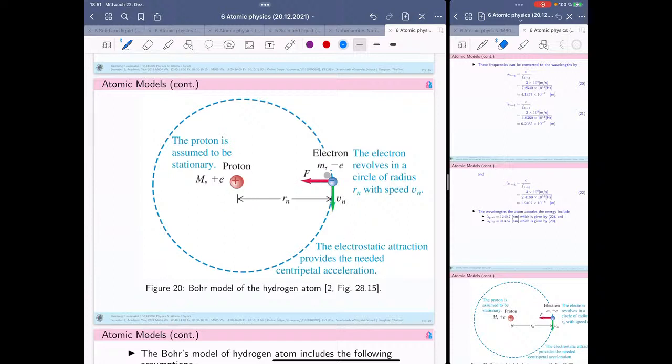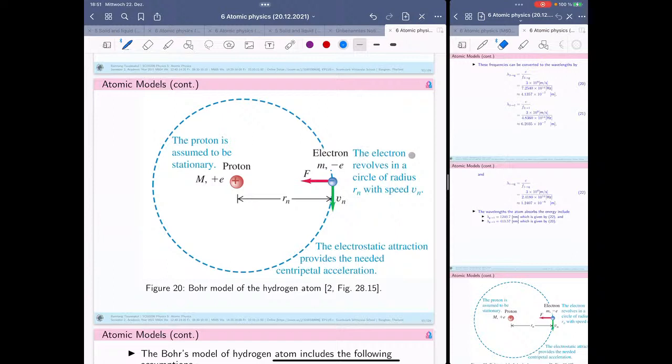Of course, there should be only a single electron. Let's say the electron moves with this linear, tangential speed, but actually it moves in a circular way, like a circle here, and there will be a centripetal force F toward the center, which is the proton. The proton is assumed to be stationary. It just stays at the center of this atom.